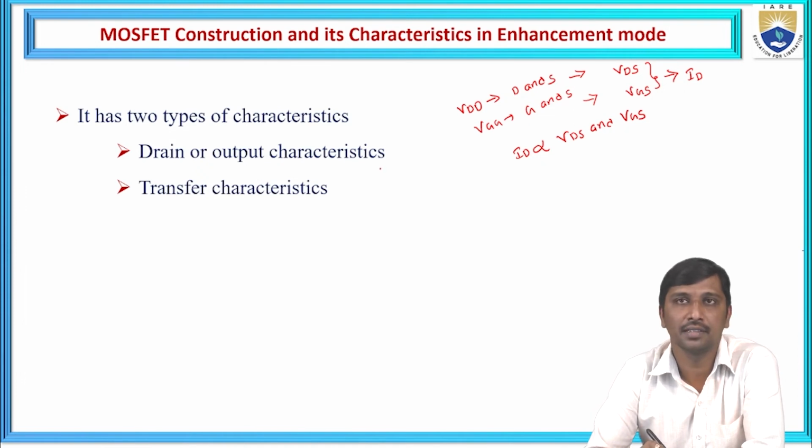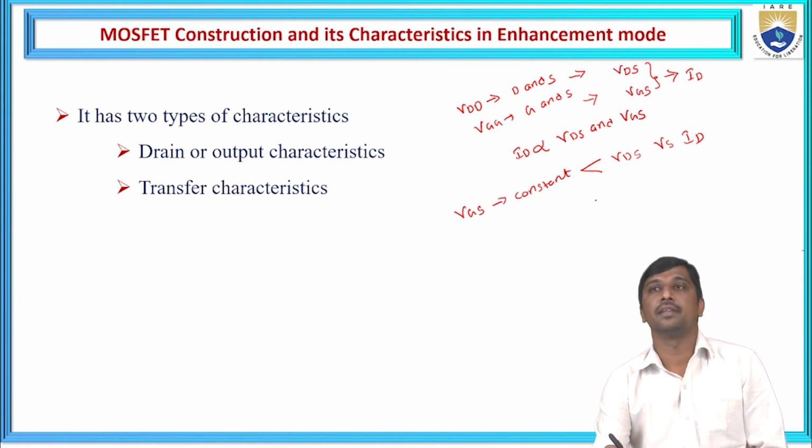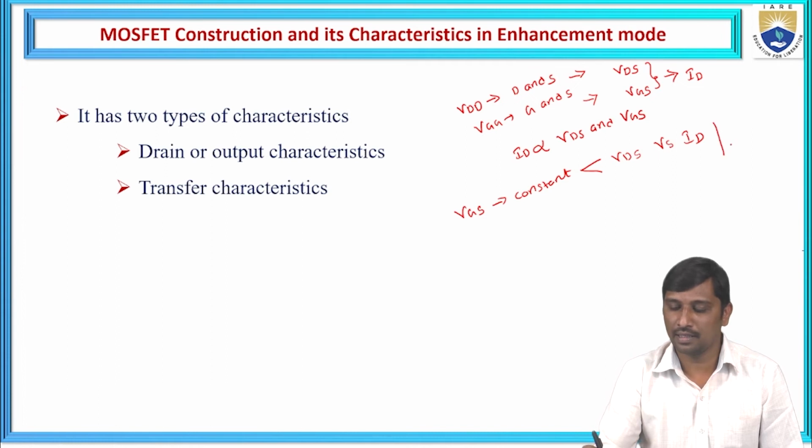To identify the output characteristics of this enhancement MOSFET, we need to maintain VGS constant. At this voltage, we plot the characteristics between VDS and drain current, the drain to source voltage versus the drain current, by maintaining VGS constant.